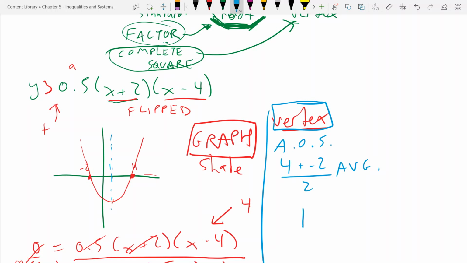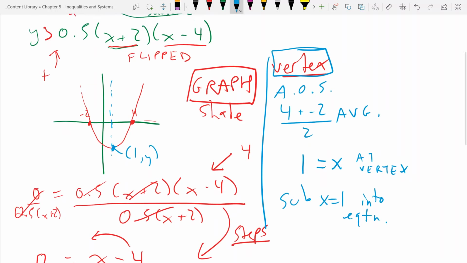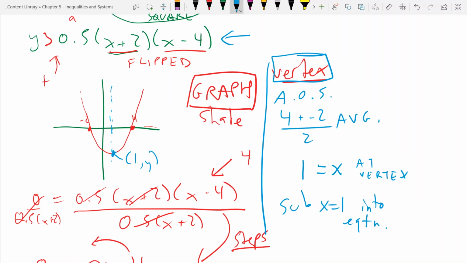If that is my axis of symmetry, that's the x value at the vertex. That is the value right there for x. I know it's going to be (1, something). So what I'm going to do then, once I have that, is sub x equals 1 into the equation. My original equation, all the way up here, I'm going to now sub in 1 for x to find it.